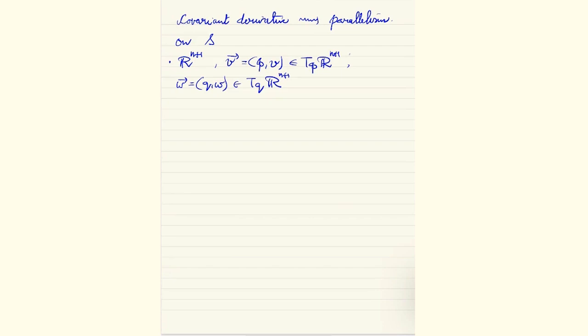We say that these two vectors are Euclidean parallel if V equals W. Here, of course, draw a picture.